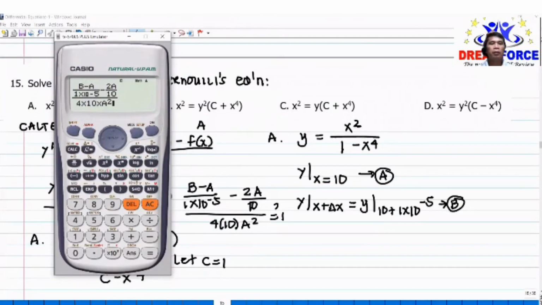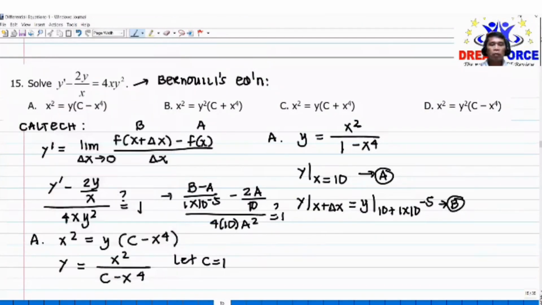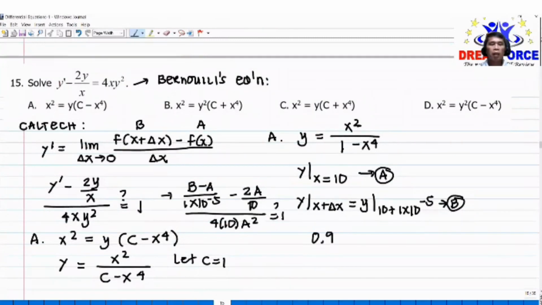So 0.999246. So 0.999992476. So approximately equal to 1.